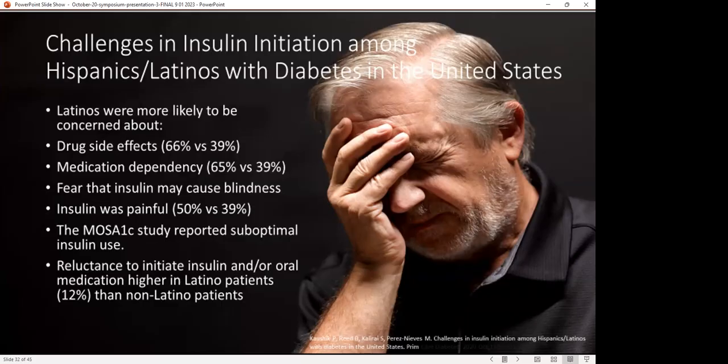And because of that, this is something that I have included in my own assessment when I counsel some Hispanic patients. I add the question, are you concerned with the side effects and dependency when initiating insulin?